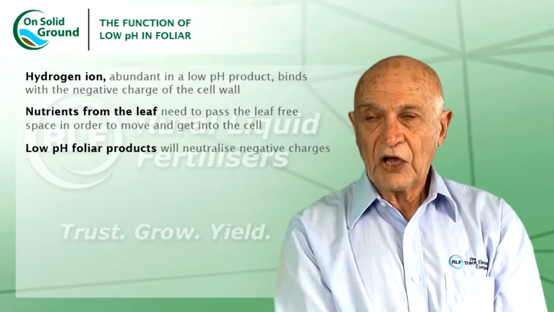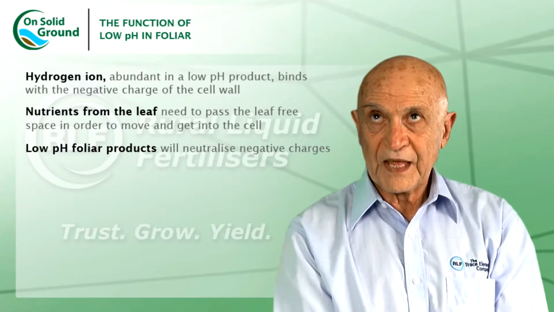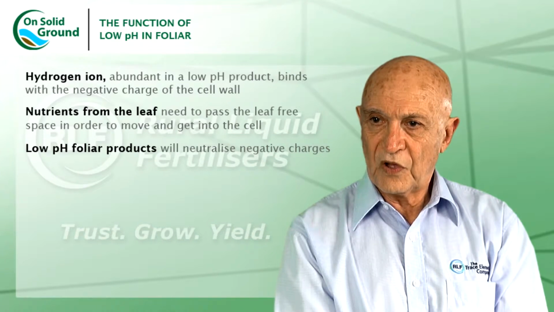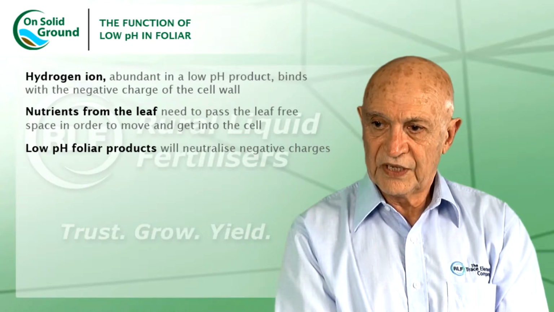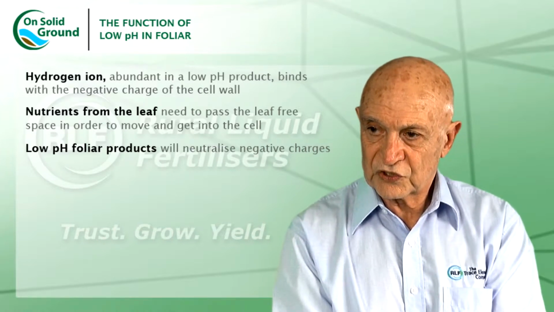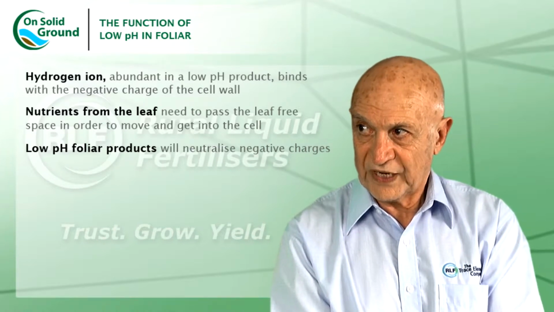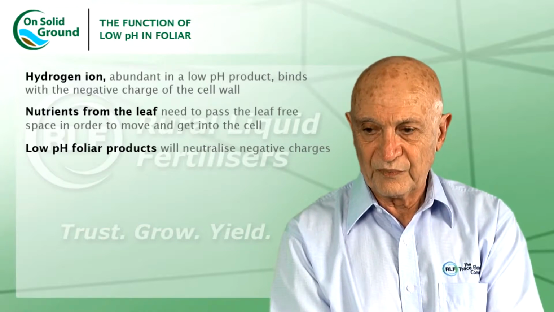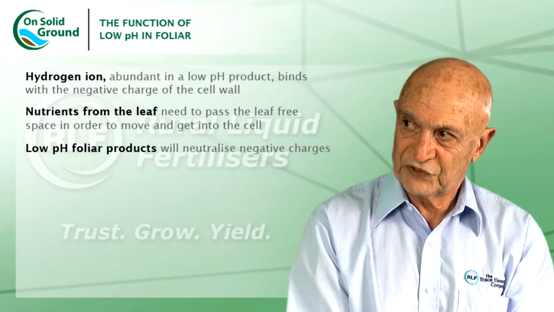Now, the other side of the benefits of low pH is that the hydrogen ion is actually a proton bound with sucrose, sugars, disaccharides, which then moves into the phloem tissue.